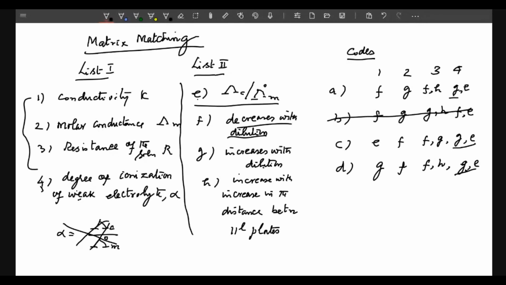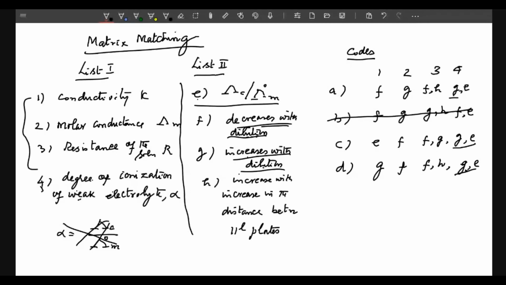Increases with the dilution. Which is increases with the dilution? The degree of ionization increases with dilution, we have already seen. Decreases with the dilution, which is undergoing decrement when the dilution increases, which we have already studied while studying the conductivity, equivalent conductivity, that is specific conductivity, equivalent conductivity, and the molar conductivity.